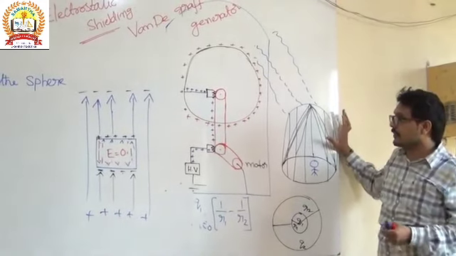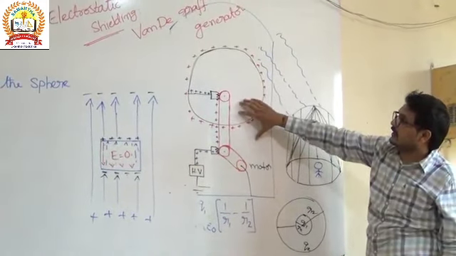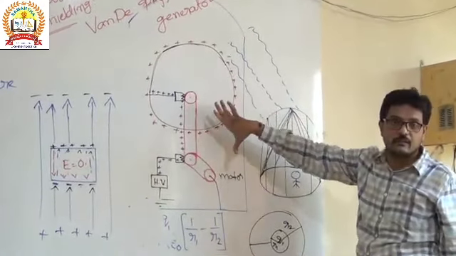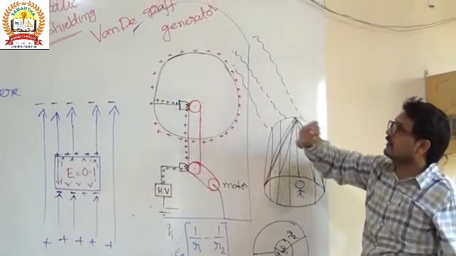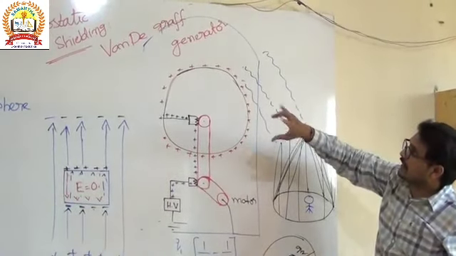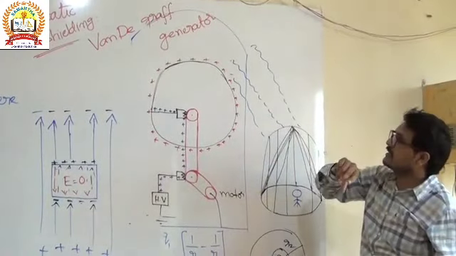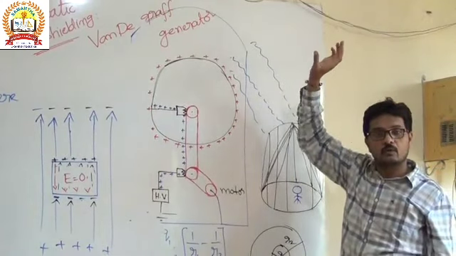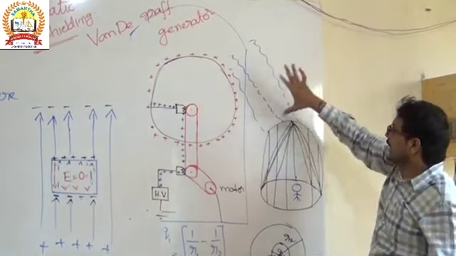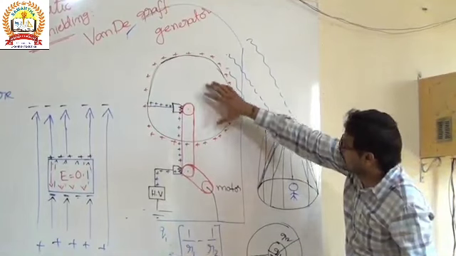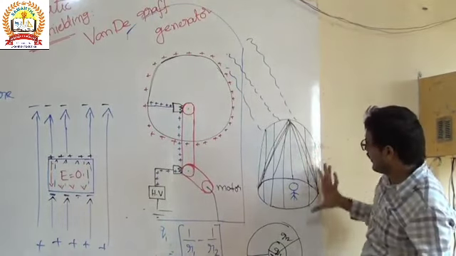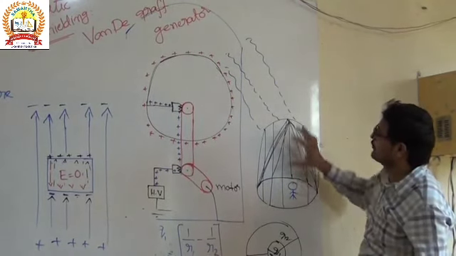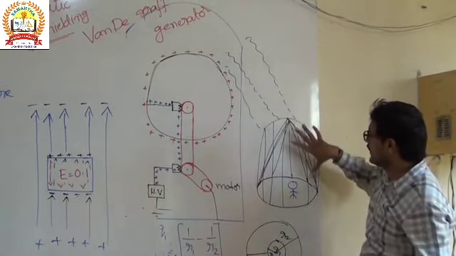Faraday did the experiment, and the Van de Graaff generator was designed by the American physicist Robert Van de Graaff, and on his name they kept the name of that device, the Van de Graaff generator, which can produce high energy, about 20 million volts. Okay, and this spark near the Van de Graaff generator is on the metal case, and inside the metal case the person is sitting, and is not affected by these sparks because electric field is 0.